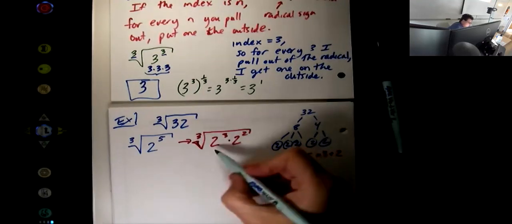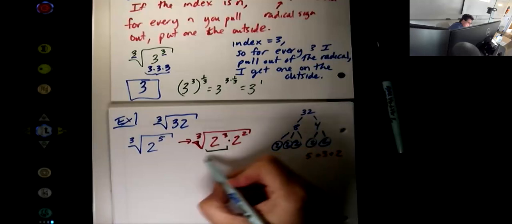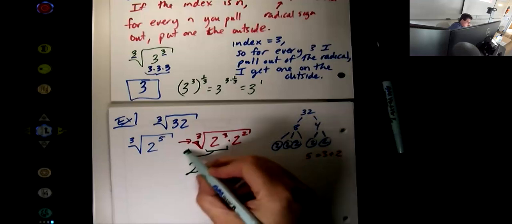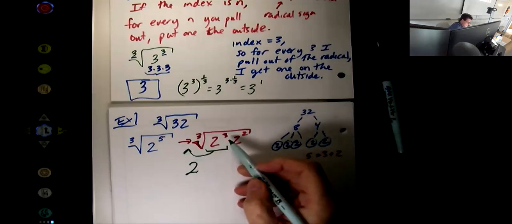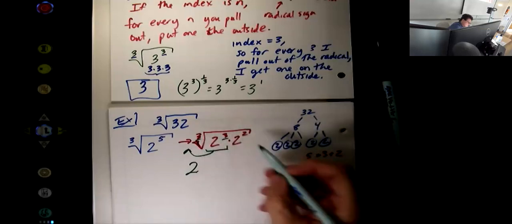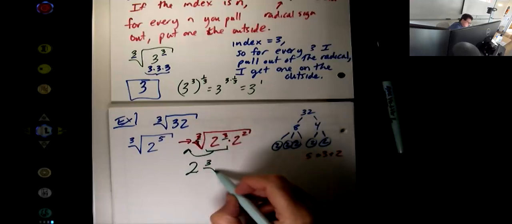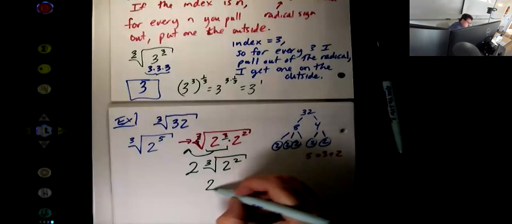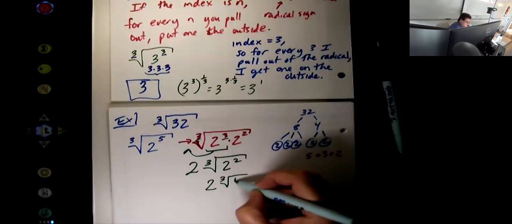When you do it for the one that matches the index out front, it comes outside the radical as only a single power. The 3 here cancels the 3 there. And I am left with a cube root of 2 squared, or 2 times the cube root of 4.